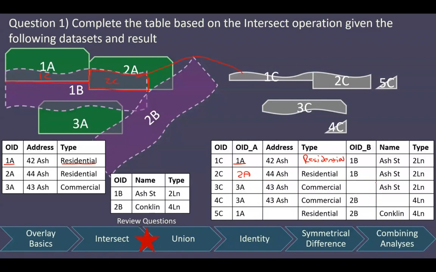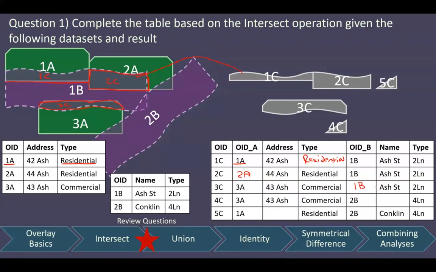And so if we look at the B attribute table for 3C, the geometry of 3C is going to be this. And so looking at the OID, we can see that this is simply 1B.